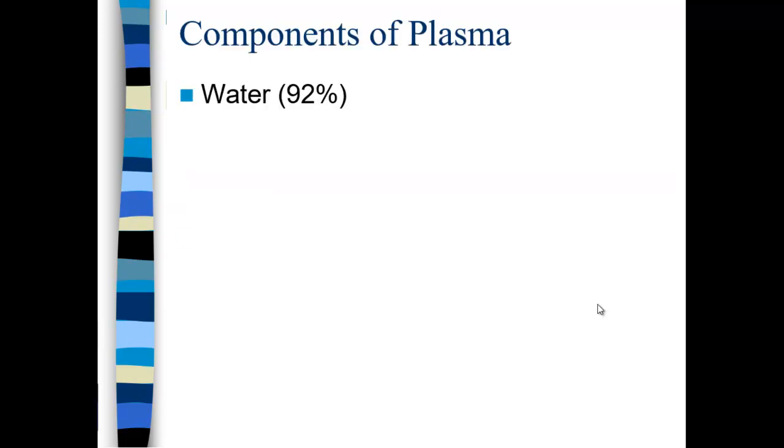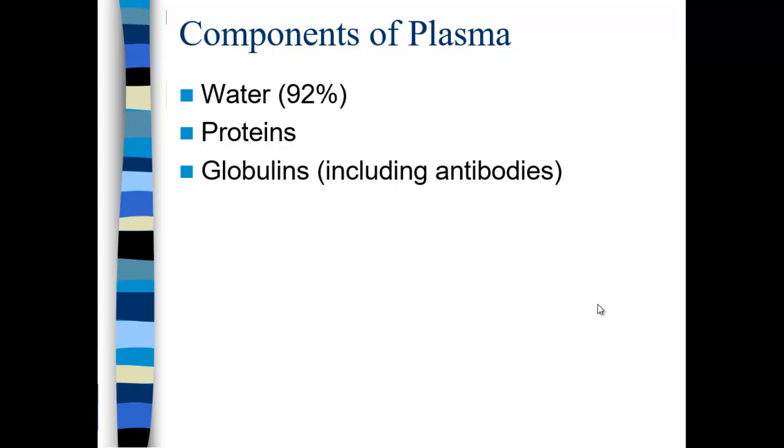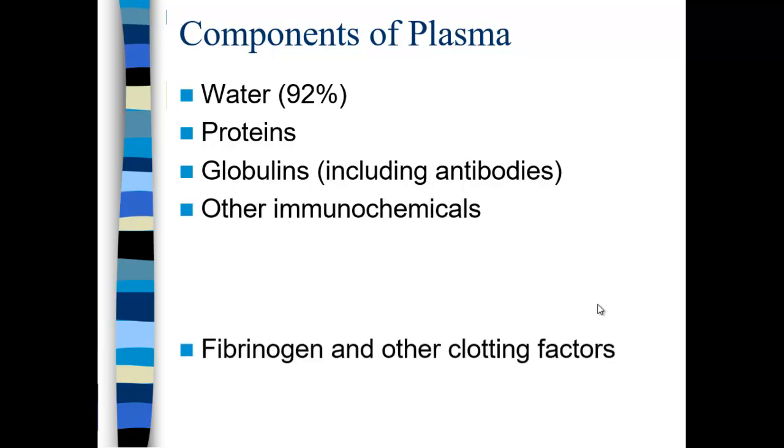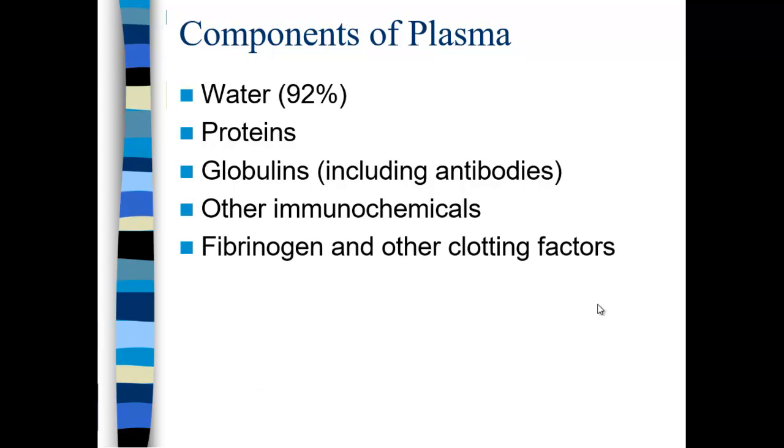Okay, so plasma itself, that is the non-cellular component of whole blood, is water. It contains proteins, globulins, including antibodies like IgG and IgM. It contains other immunochemicals, clotting factors, the entire clotting cascade.